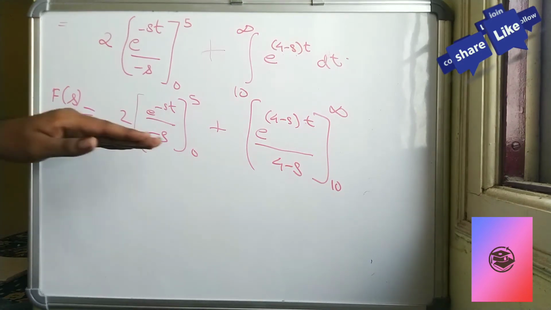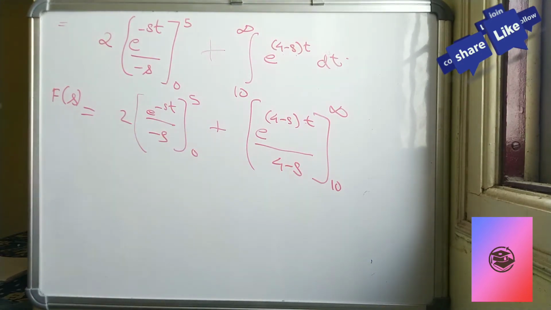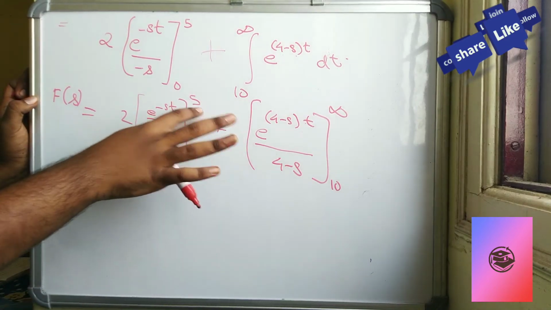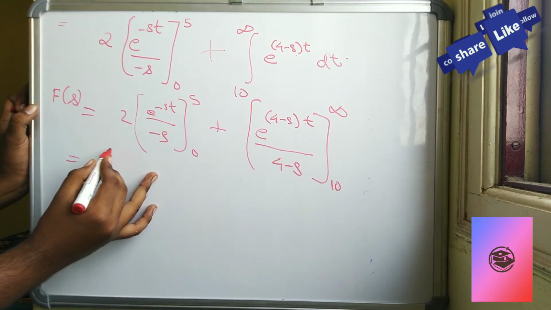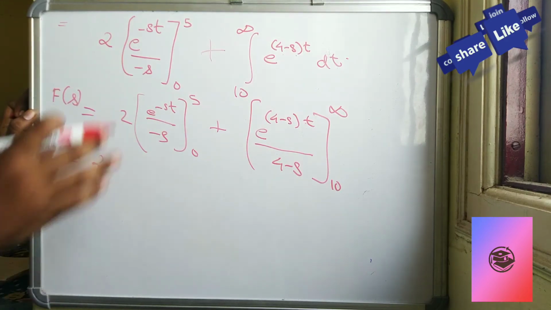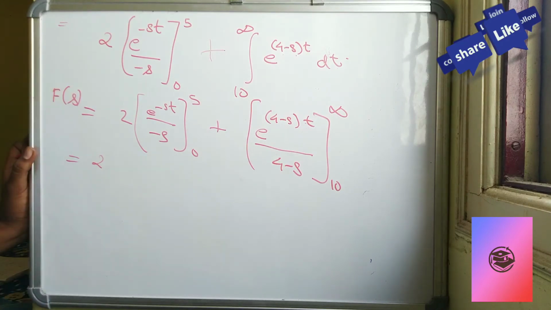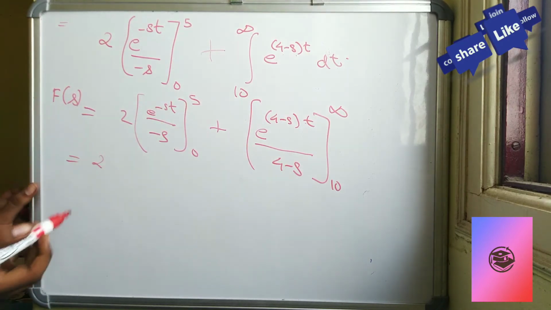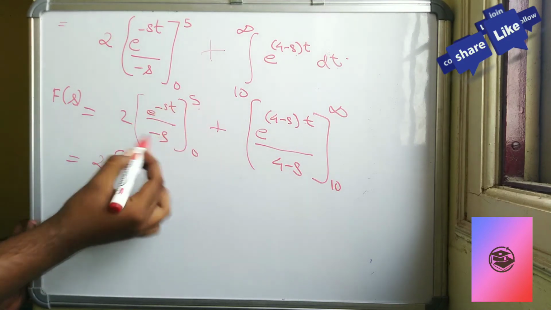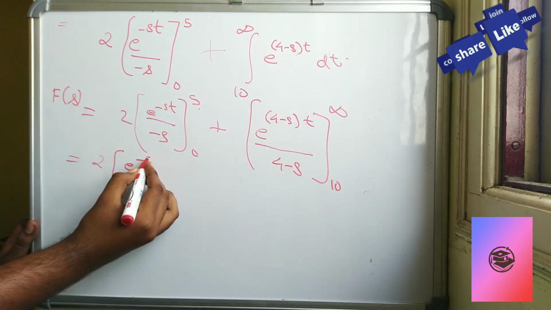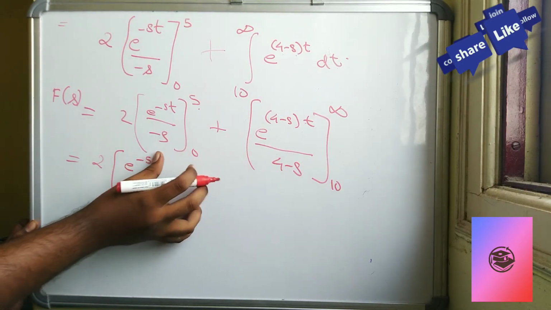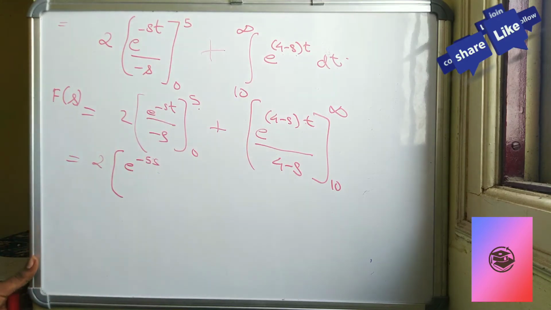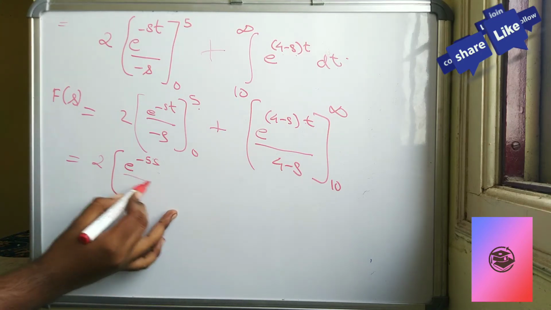Okay, now you have to put the upper limit minus the lower limit, right? Starting with the upper limit, which is 5, so put 5 in place of t, since we have integrated with respect to t. So e power minus 5s, sorry, minus 5s, by minus s.